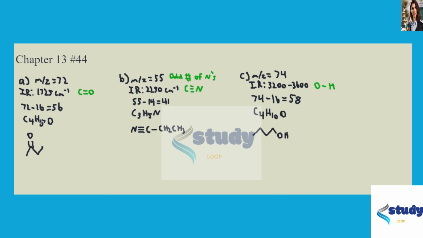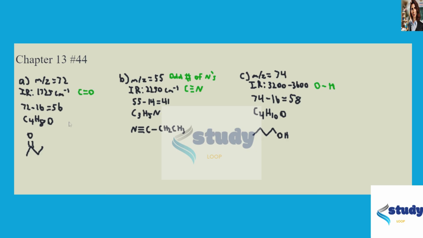I think the strategy for this is to start by assuming that you have as many carbons as you can to get to that number without going over. Carbon accounts for 12 atomic mass units, so 4 carbons would be 48.